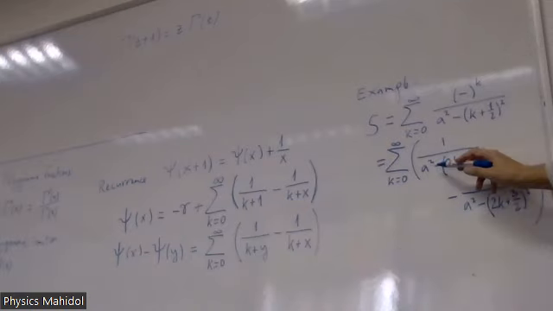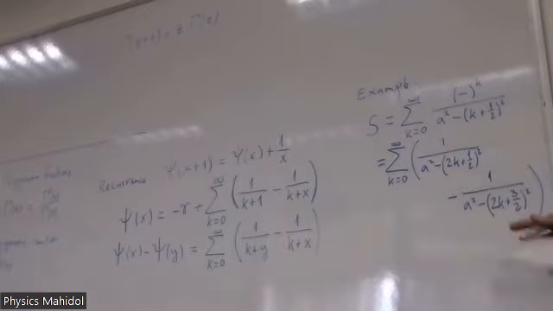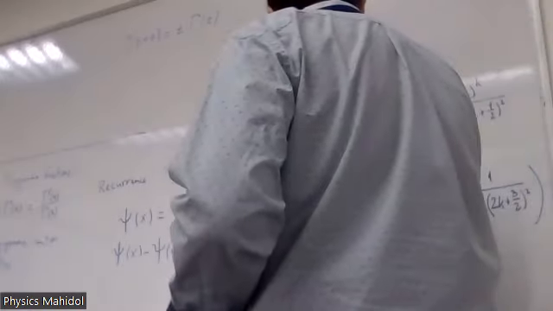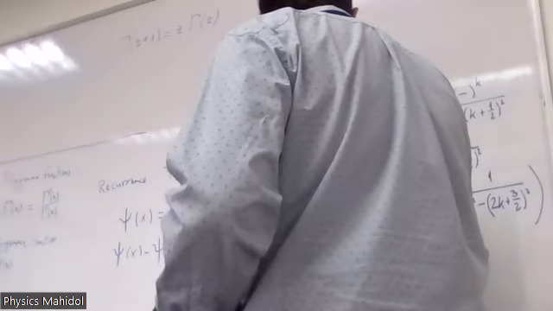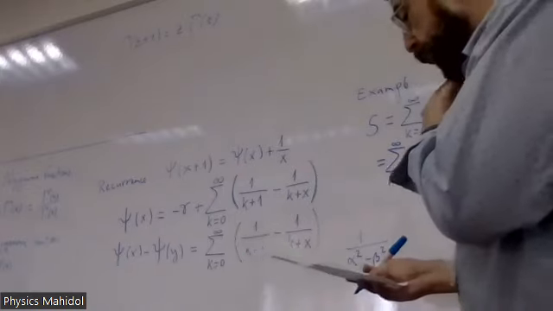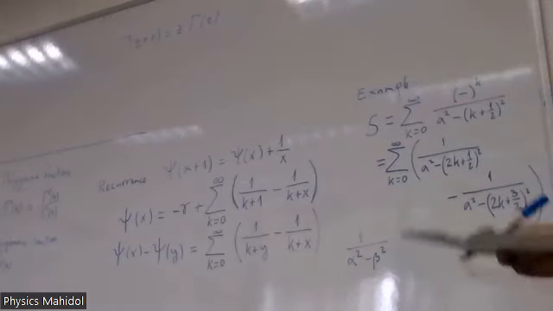Here we have a minus and something squared, but we can use this property for two numbers alpha and beta: alpha squared minus beta squared, the difference of squares, can be written as the sum times the difference, right?